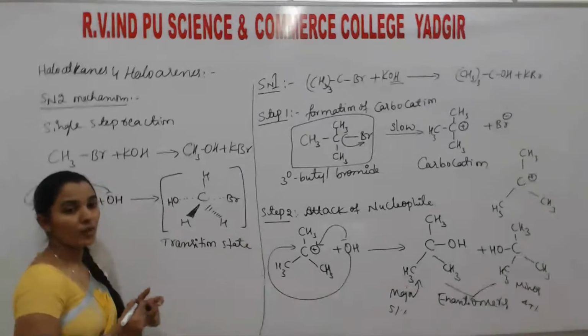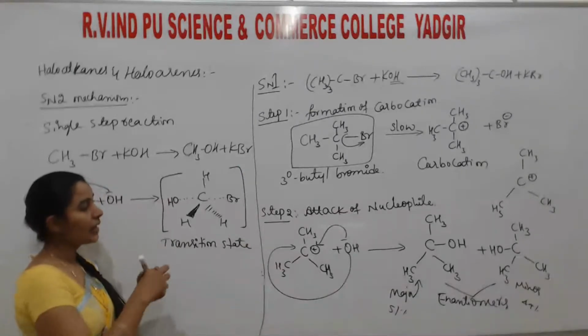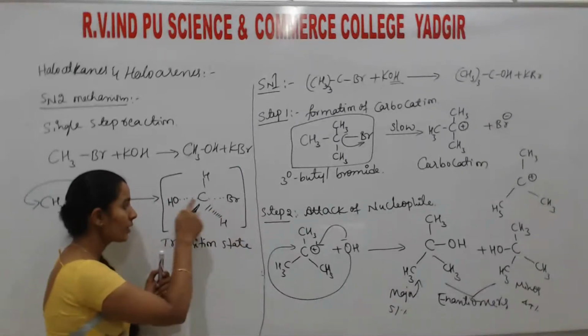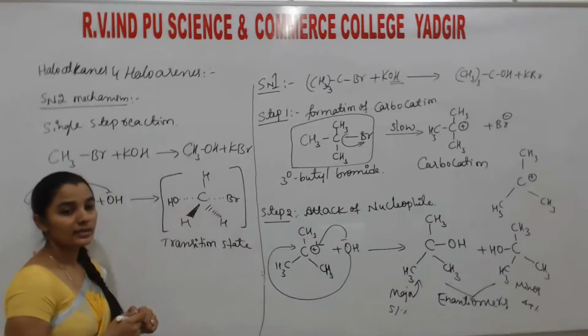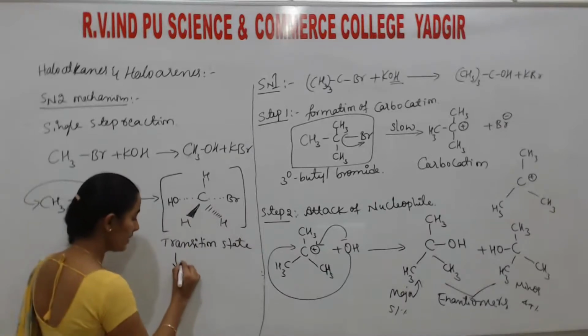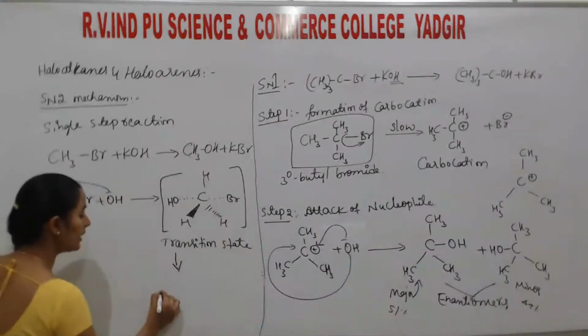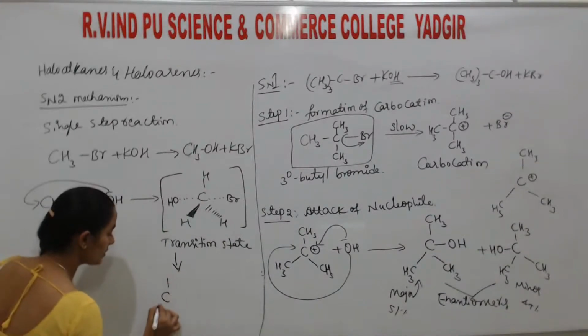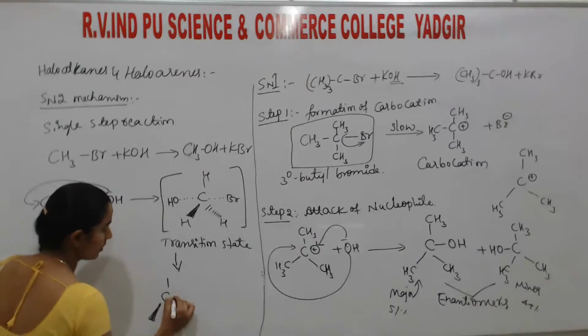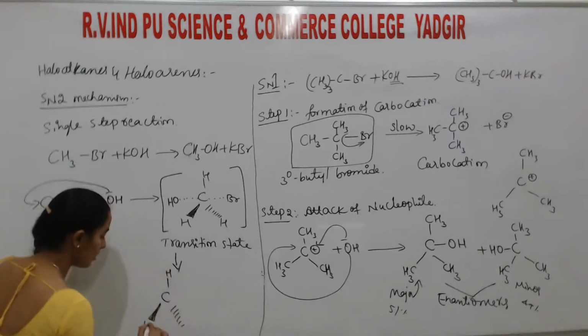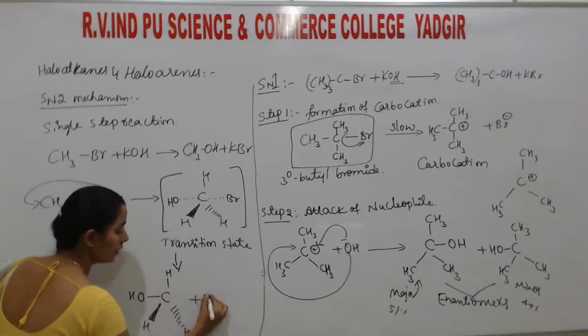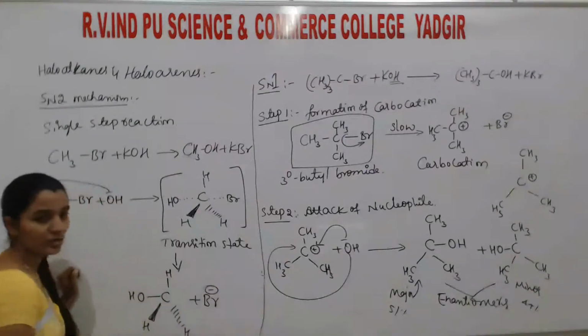The state where simultaneous breaking of the bond and making of the bond takes place. And the next step is it completely detaches. That means this is the structure: H, and here OH is attached, and here Br is detached.